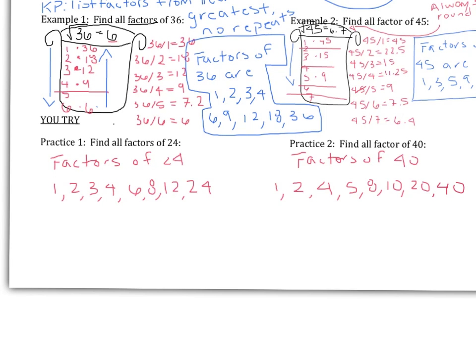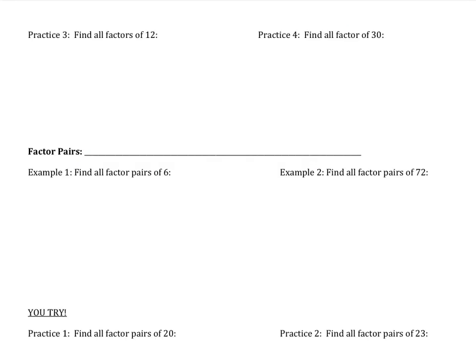which is on factor pairs. Okay, so what are factor pairs?